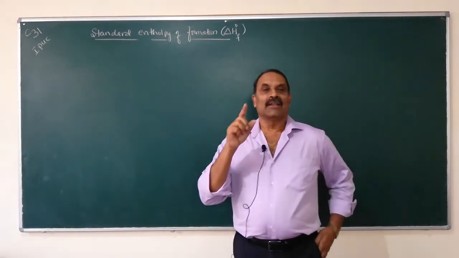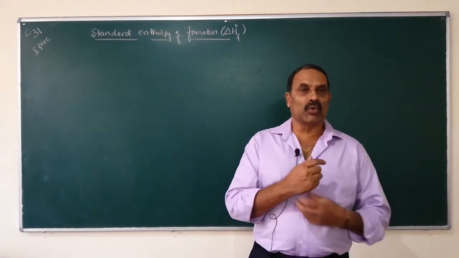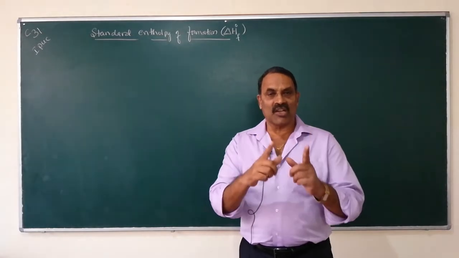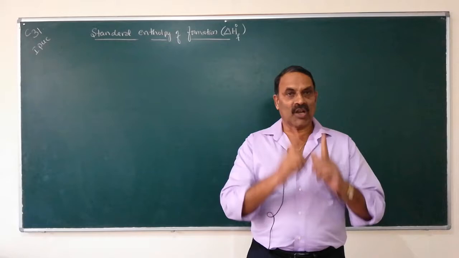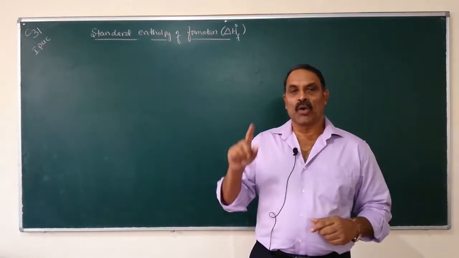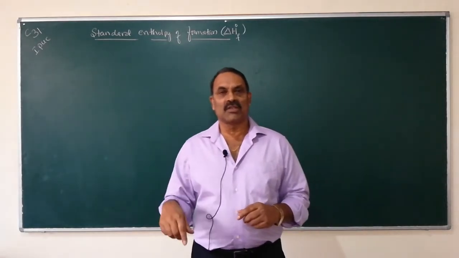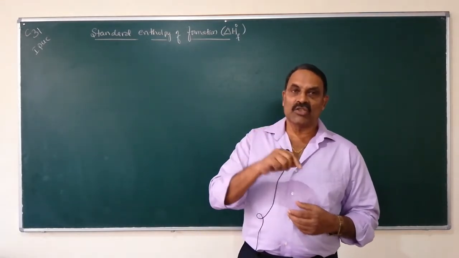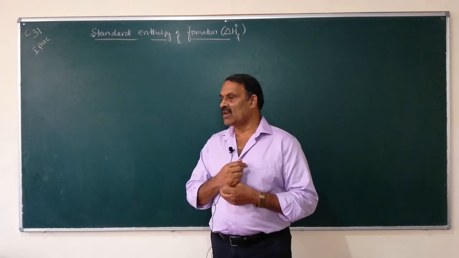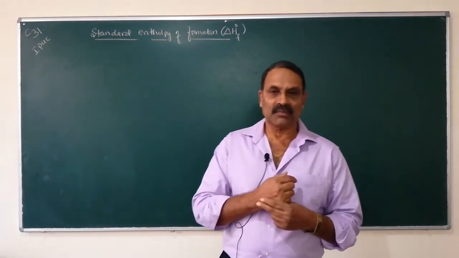It is 180 divided by 2, that is equals 90 kilojoules. So, 90 kilojoules is the enthalpy of formation of nitric oxide.